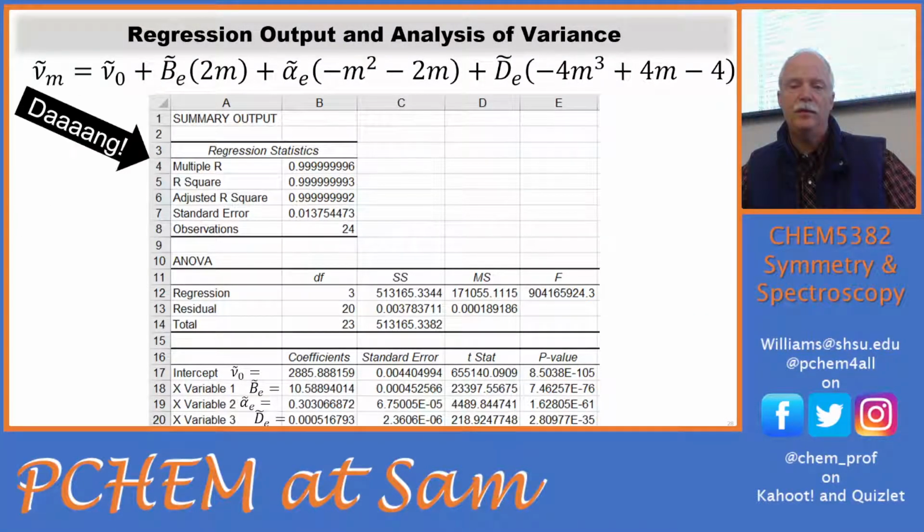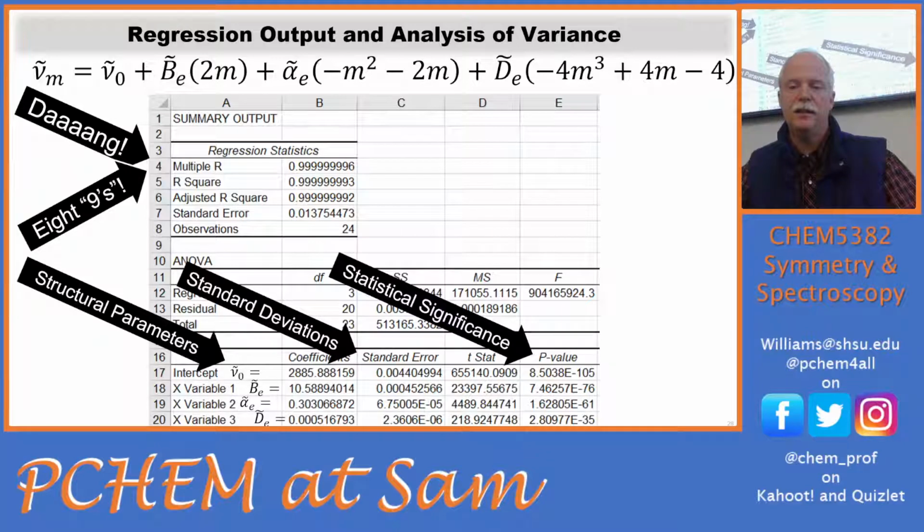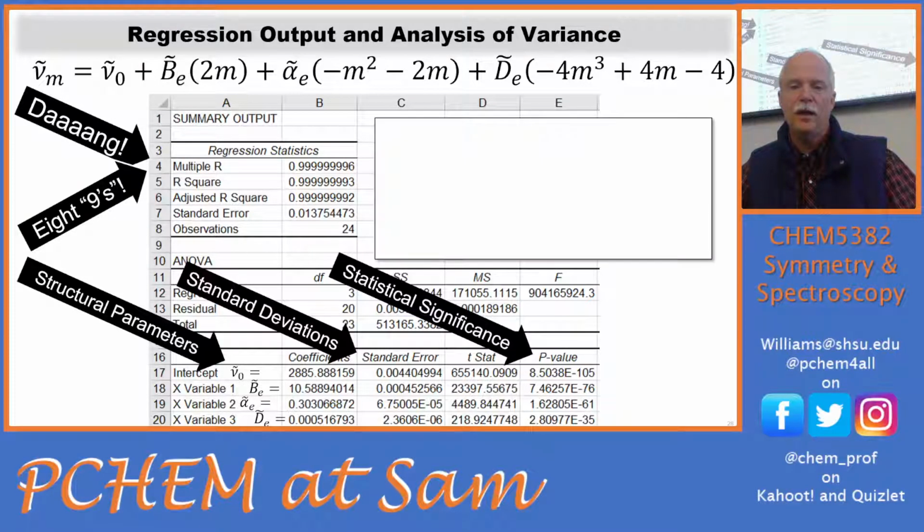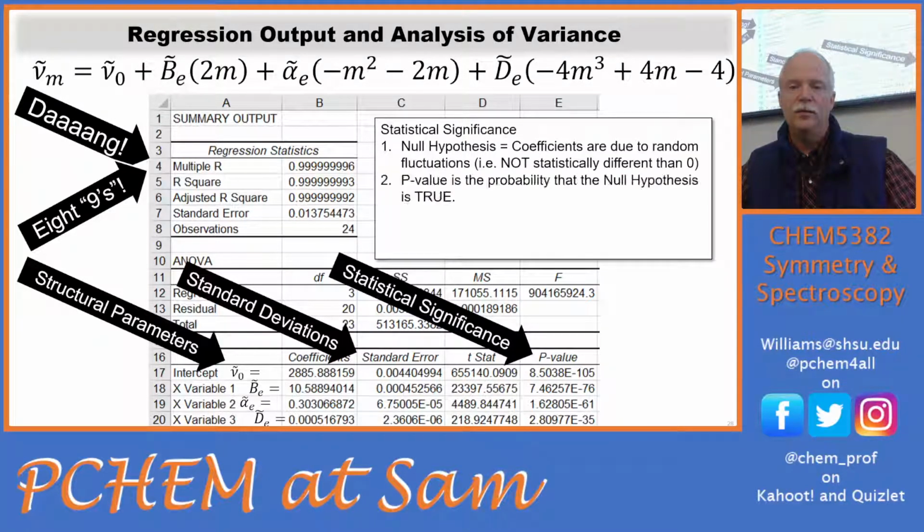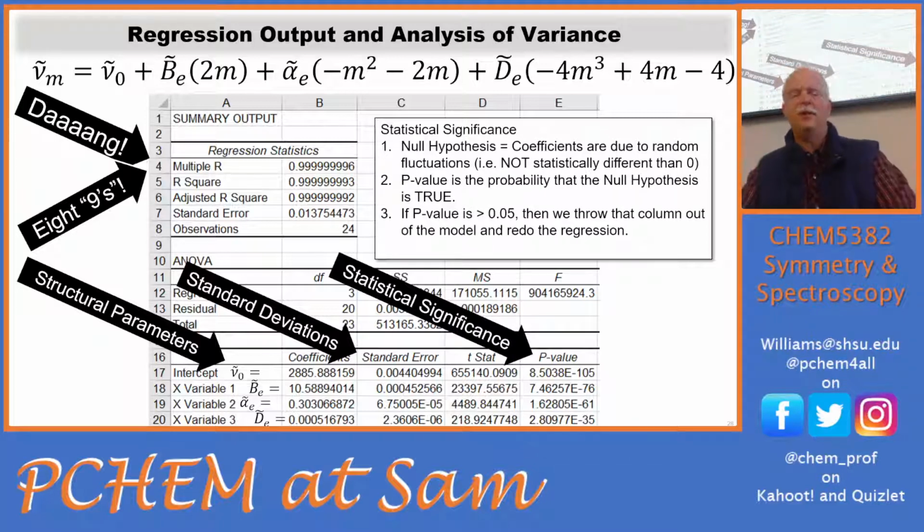So here's our output. We have some impressive statistics. And so we're talking about these p-values, and this is pretty much where we ended, I think, talking about the significance of these p-values. Remember, this is the probability that the null hypothesis is true.